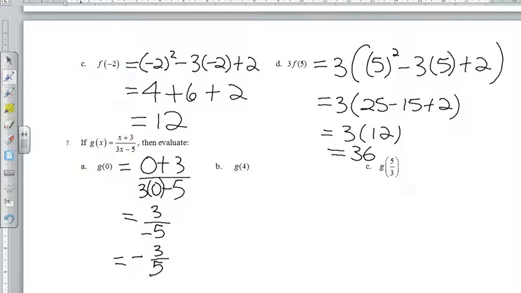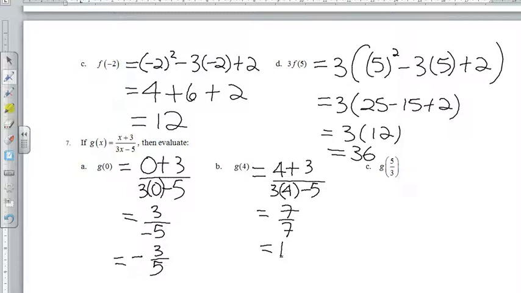G at 4. What do we do? 4 plus 3 over 1. Okay, G at 5/3.